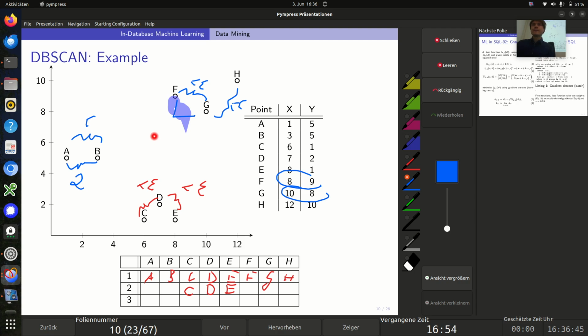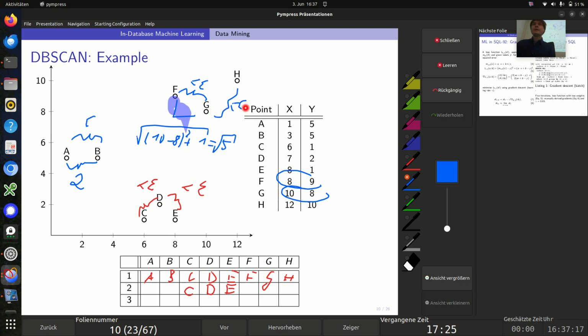So we have 10 minus 8 squared, plus the other, which is just 1. And actually we have to take the square root, so 2 squared is 4 plus 1, 5, and we would need the square root of that.